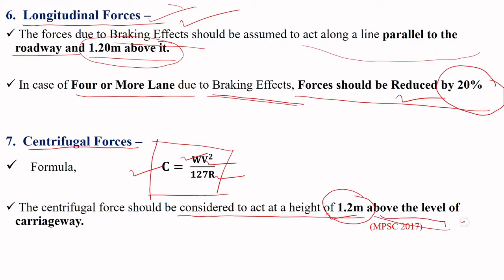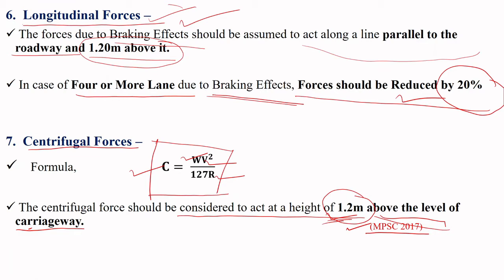So the centrifugal force acts at a height of 1.2 meter above the level of the carriageway. That question has been asked in MPSC 2017. So it is an important value, you just have to remember it.